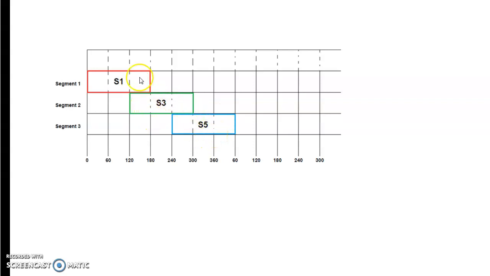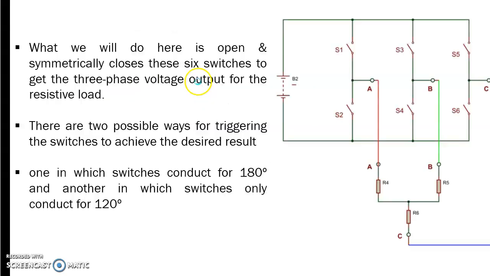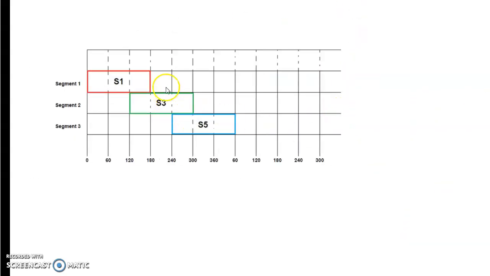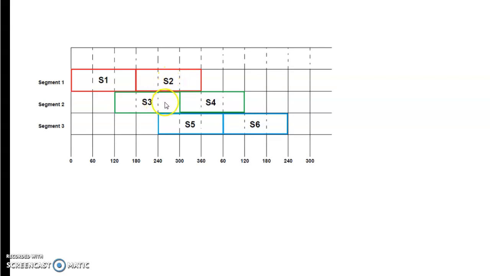So you can see that after this, the next 180 degree is definitely its complementary one, S2. After S1 180 degree, next 180 degree is S2, and after S3 next 180 degree S4 will be turned on.